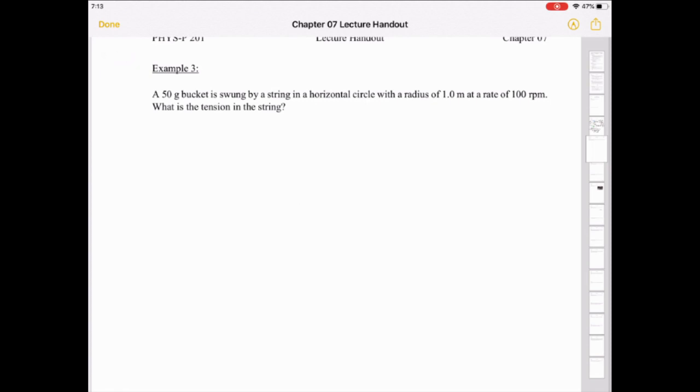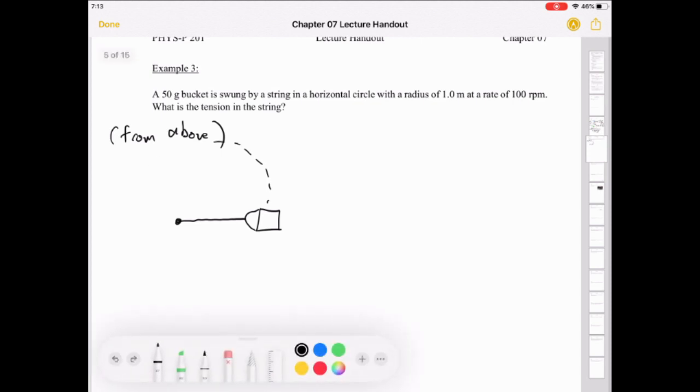So we can draw a picture of this from above. Here's this, there's that, and there's the bucket. And it's traveling in this circle right here.